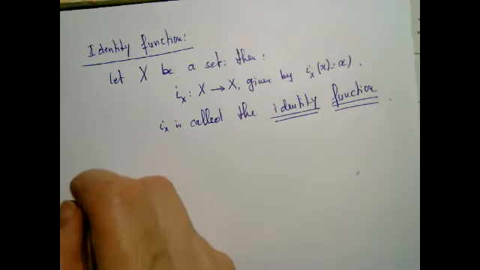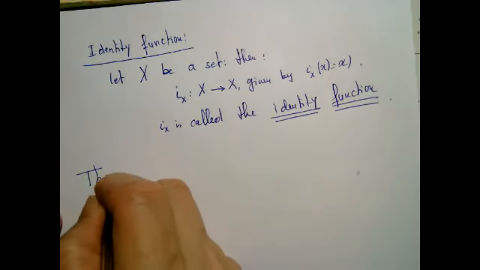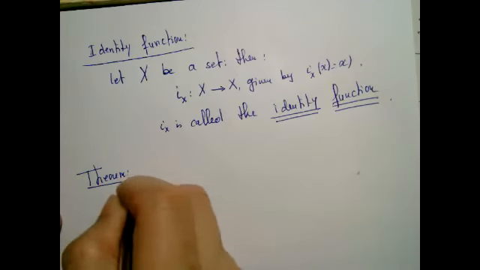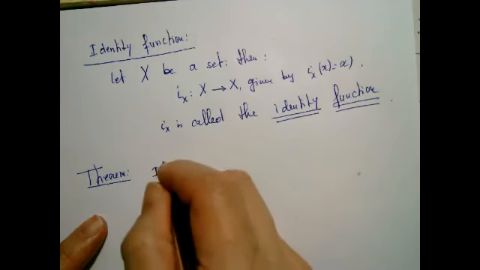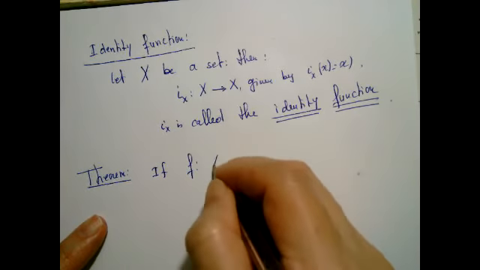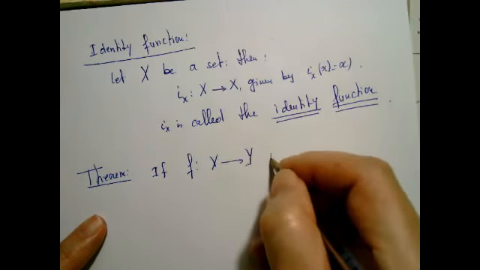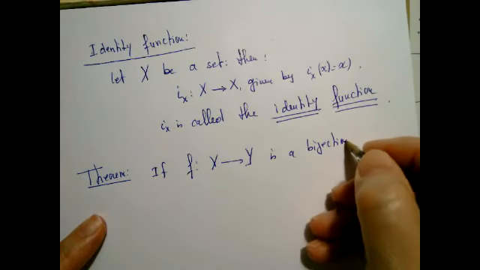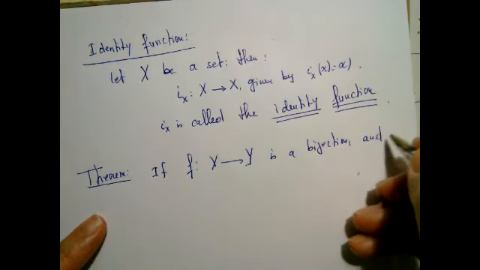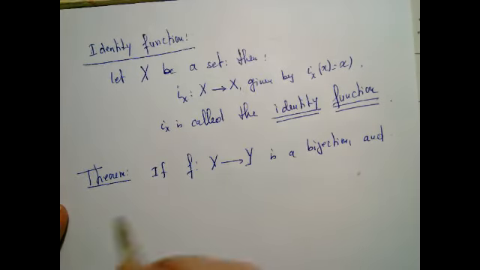And now a very simple theorem, which I think you should be comfortable with. Suppose f is a function from X to Y. It's a bijection, one-to-one and onto, and so it has the inverse.